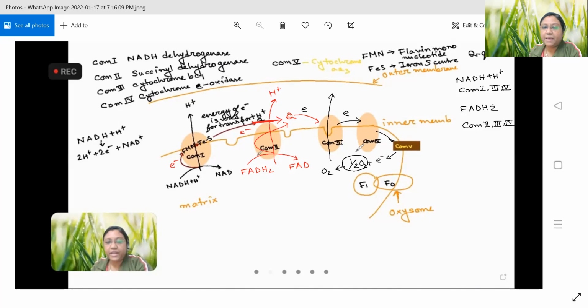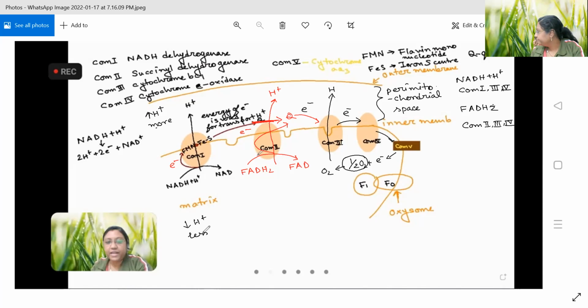Now you must be thinking, ma'am, all this is understood, but so far our cytochrome oxygen has not been used. So as by using the electrons energy, protons are moving outside into this place which is known as perimitochondrial space, the proton present outside is more as compared with the proton present inside the matrix.